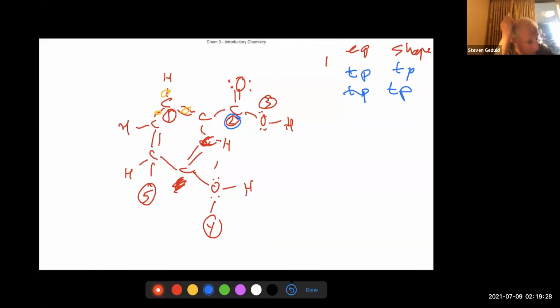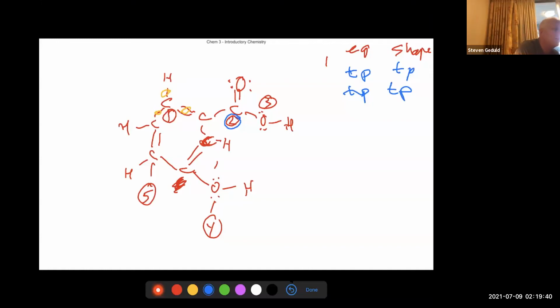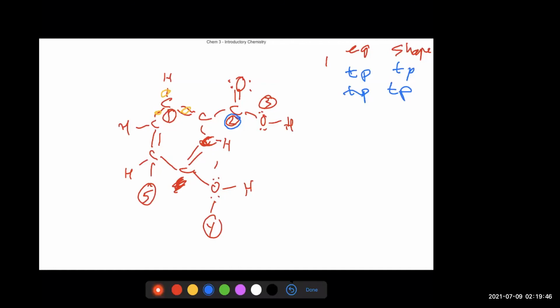How many groups? How many negative groups around it? 4. Okay, so what's 4 groups around it? Tetrahedral. And what's the shape?